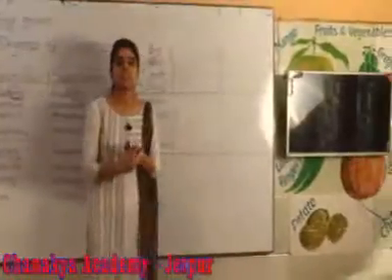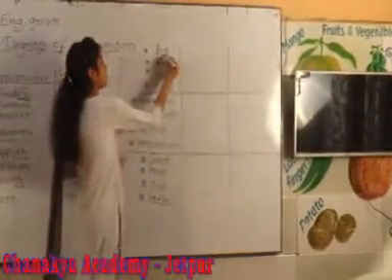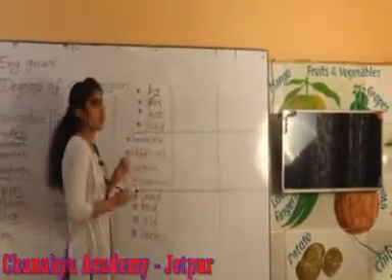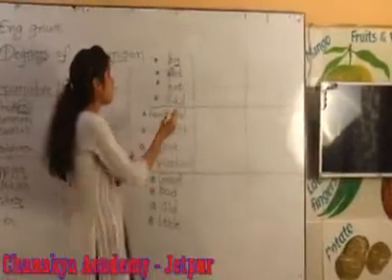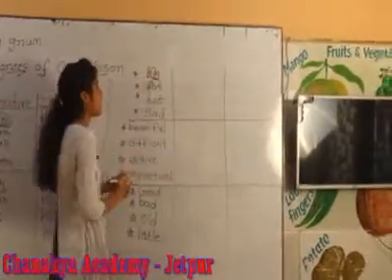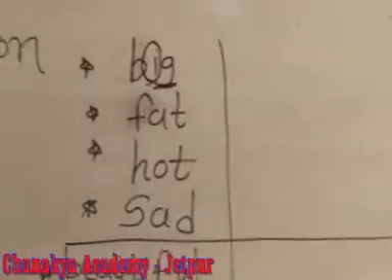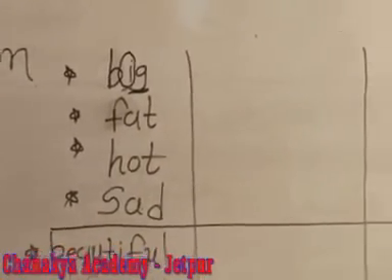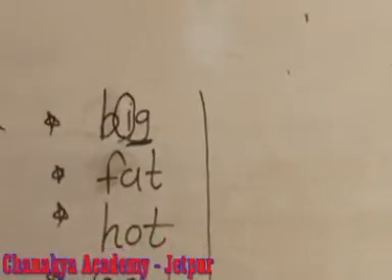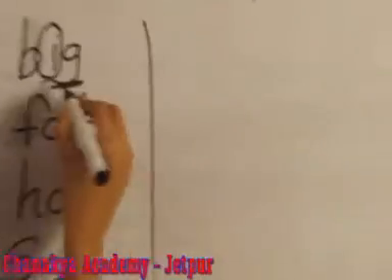Now the third kind. When an adjective ends with a consonant and is preceded by a vowel, a, e, i, o, u, we have to double the consonant and then put er and est as suffix.